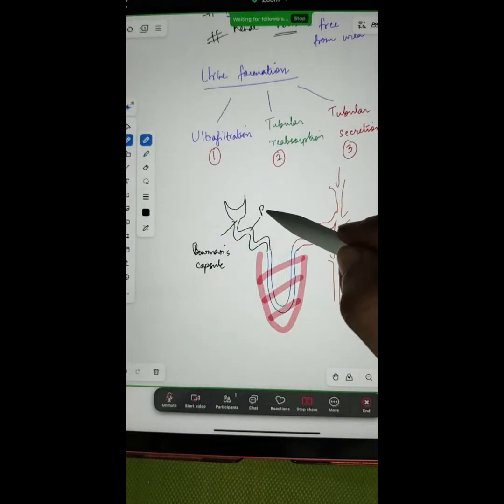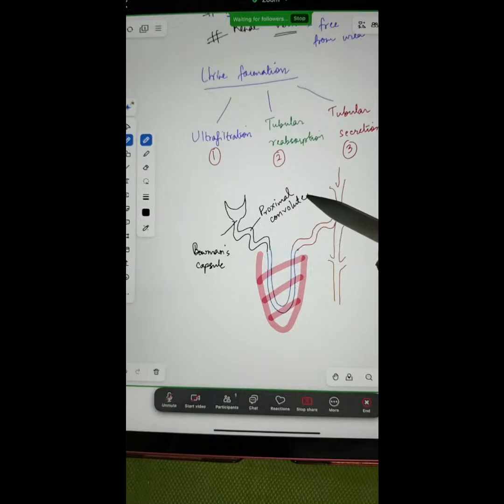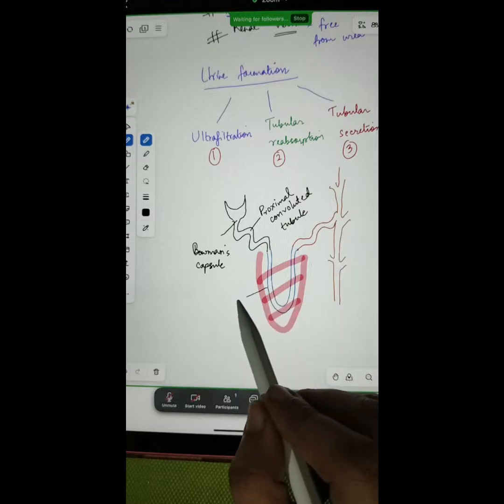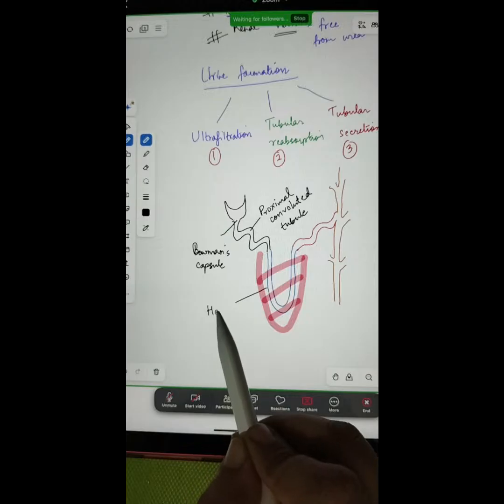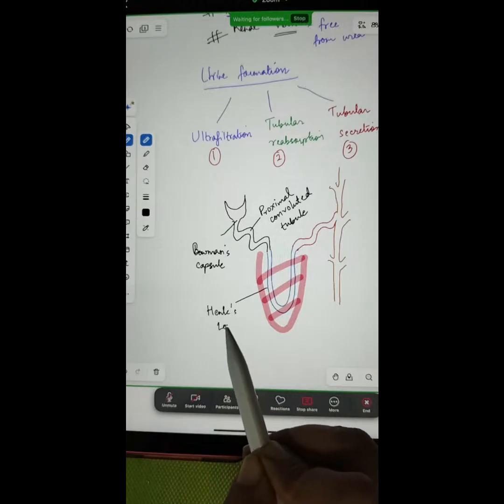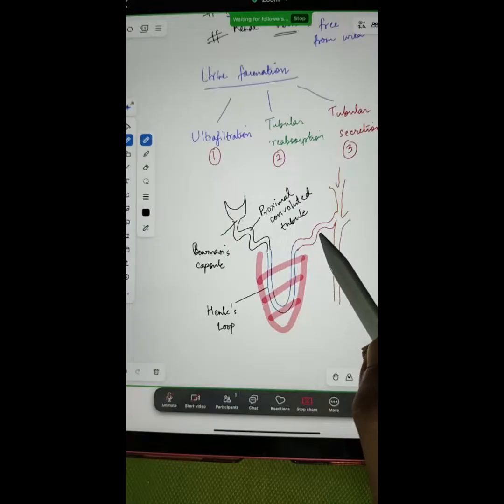This part, which occurs just after the Bowman's capsule, is known as proximal convoluted tubule. This blue U-shaped structure is known as Henle's loop. The part that occurs just after it is the distal convoluted tubule. So the spelling of convoluted tubule can be written here.